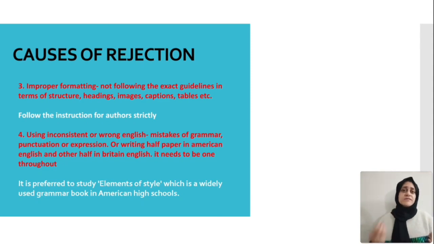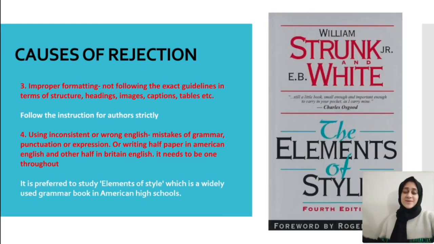For instance, if you're writing your paper in American English, make sure your whole paper is in American English and not in different variants of English. The solution to that is a book called Elements of Style, a widely used American high school grammar book that you can quickly skim through to avoid such grammatical errors.